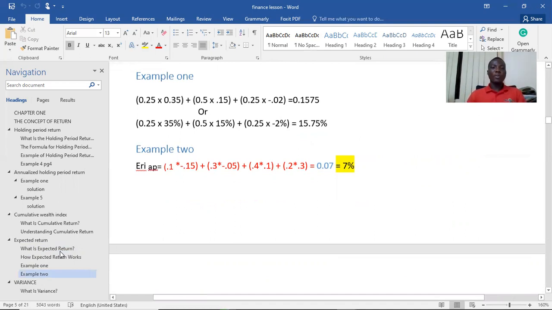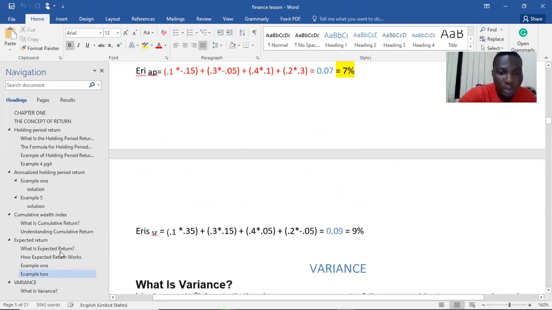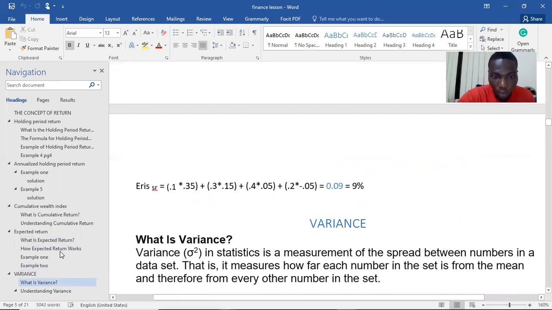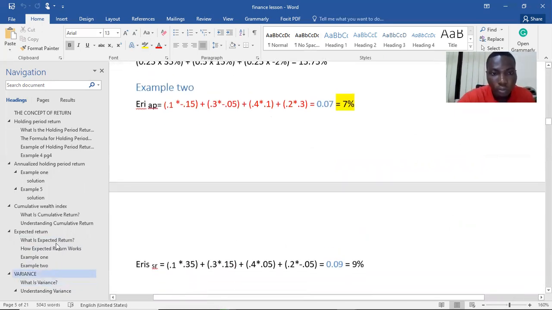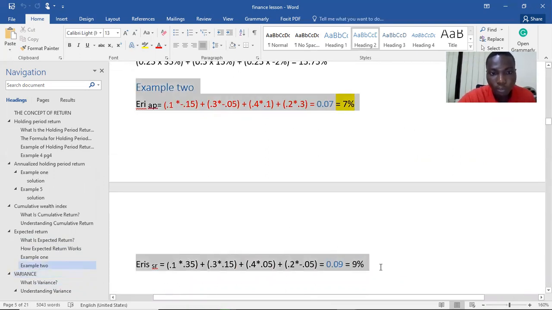This is the expected return for that question. Let me see this one. Yeah, this is it. This is the expected return for that question. Example 2. It's in your handout, so I'm not wasting my time. So this is it. This is the solution for determine the individual investment expected return.